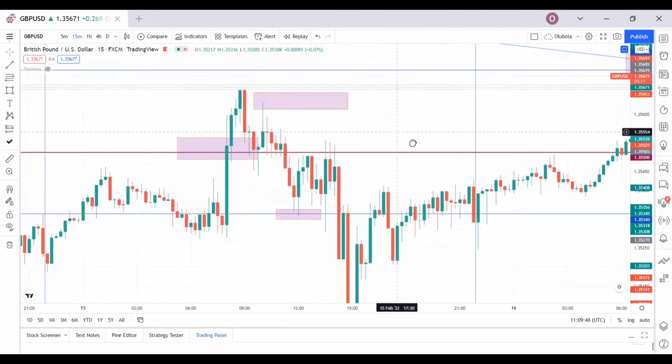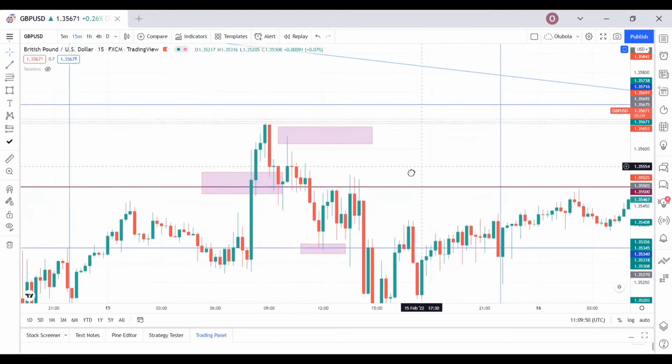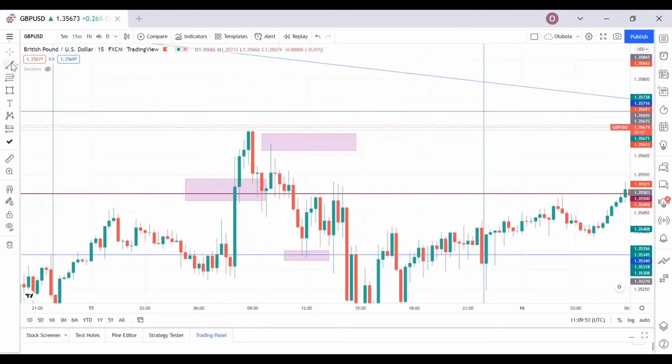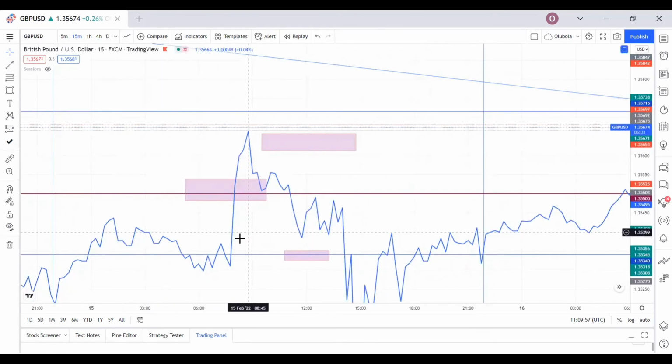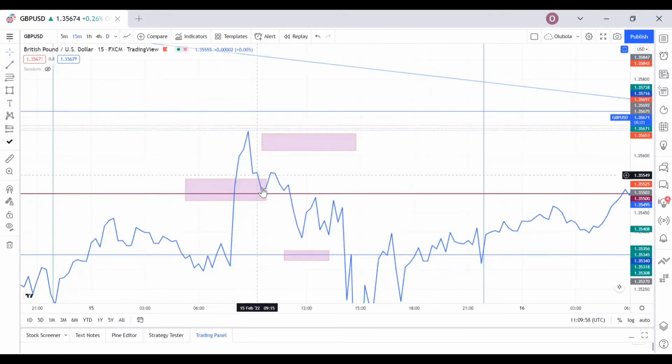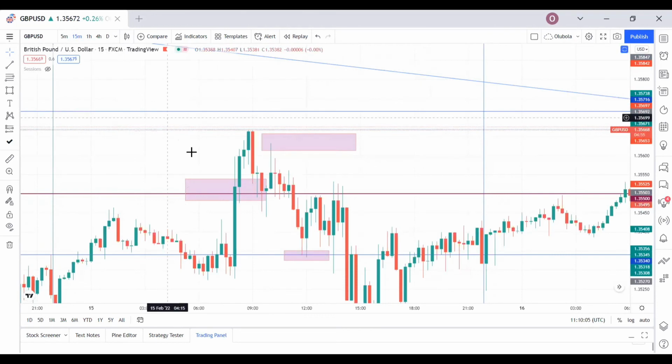So I saw a sell. Sorry, I saw a buy. He was seeing a bigger M. This is the M he saw. Did you get it now?